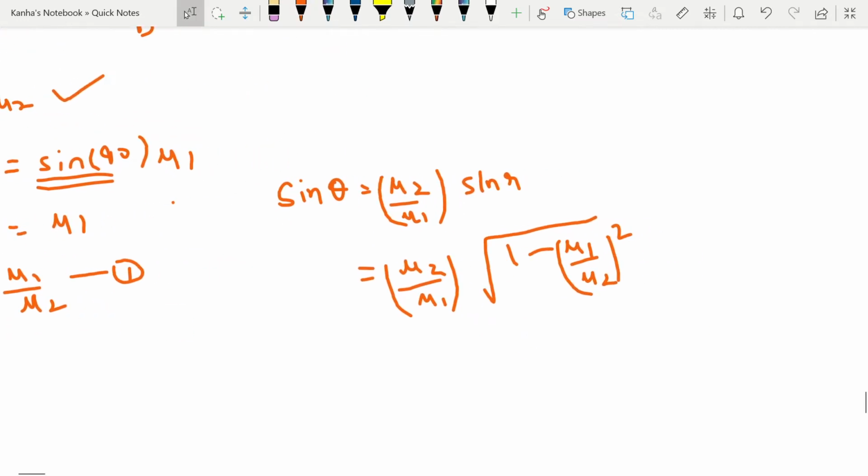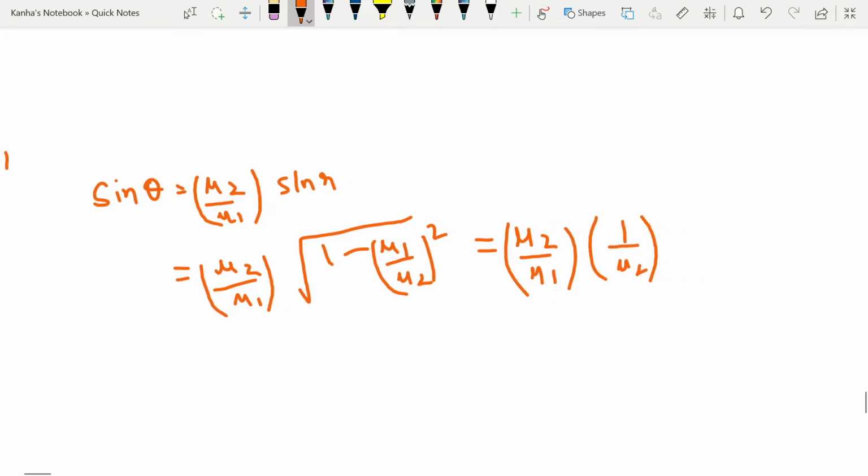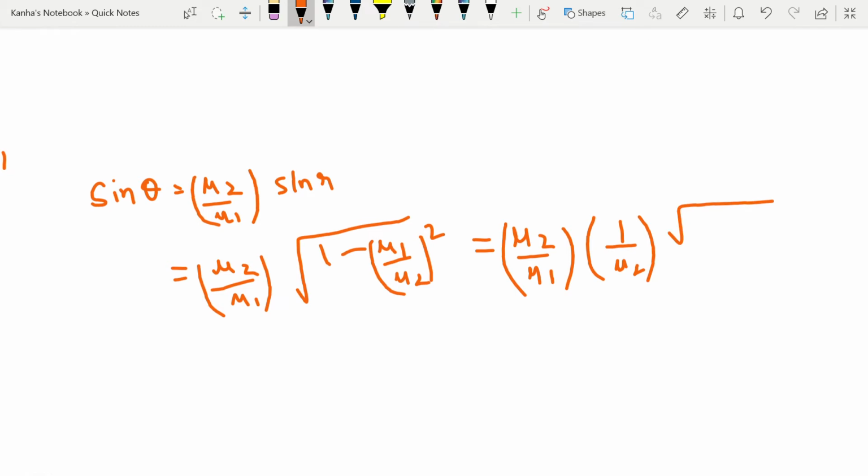This turns out to be nothing but mu2 by mu1 into 1 by mu2 into root over mu2 square minus mu1 square. This mu2 will cancel out. We'll be left with 1 by mu1 into root mu2 square minus mu1 square.